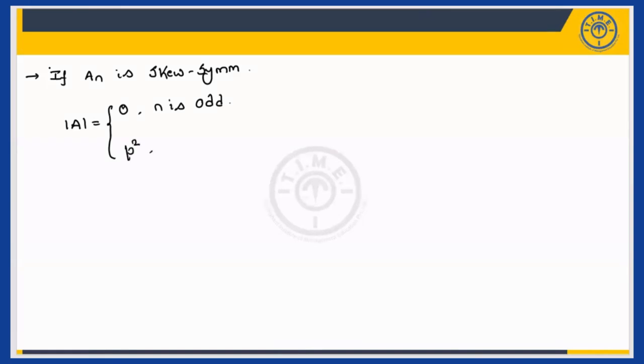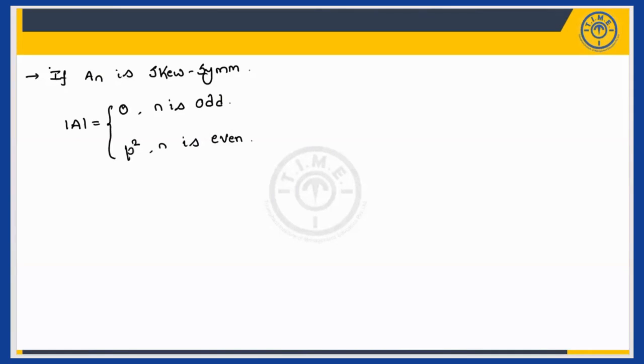Now again, if I'm having a symmetric matrix or a skew symmetric matrix, let us say if A of order n is skew symmetric, then det A is 0 if n is odd, and it is a perfect square if n is even.